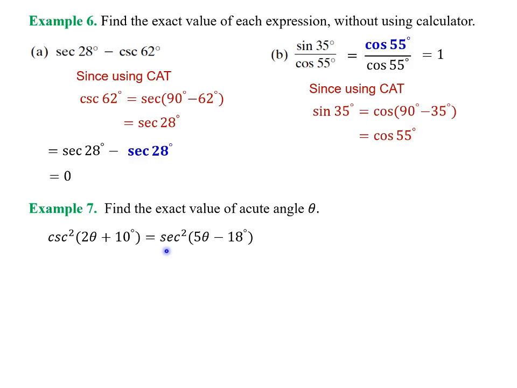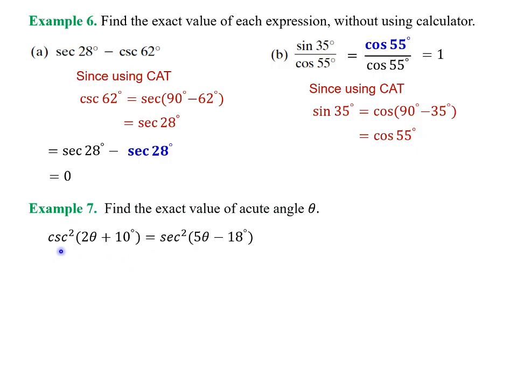But as I remember, cosecant squared is related to cotangent squared because 1 plus cotangent squared is cosecant squared. And secant squared is related to tangent squared because secant squared is equal to 1 plus tangent squared. So I think the Pythagorean identities are not appropriate to use here.